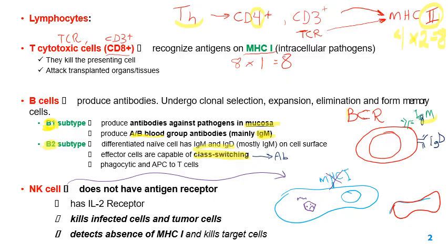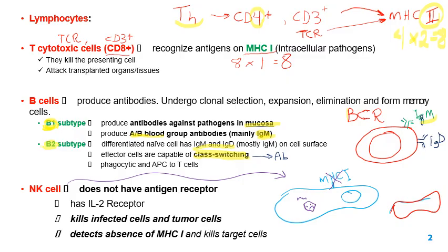What happens if it detects MHC2? It doesn't detect MHC2. But if a cell has MHC2 and doesn't have MHC1? A cell that has MHC2 also has MHC1. All nucleated cells have MHC1, and only very specialized antigen-presenting cells will have MHC2, as we'll see next.